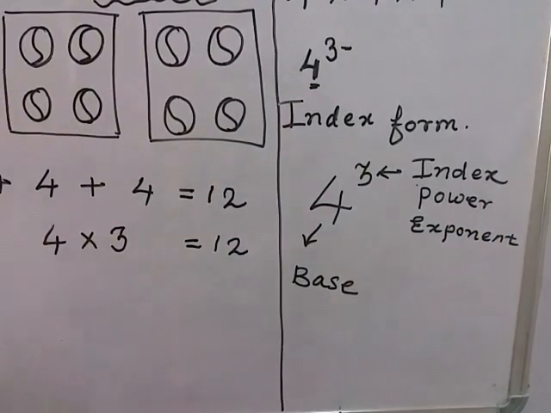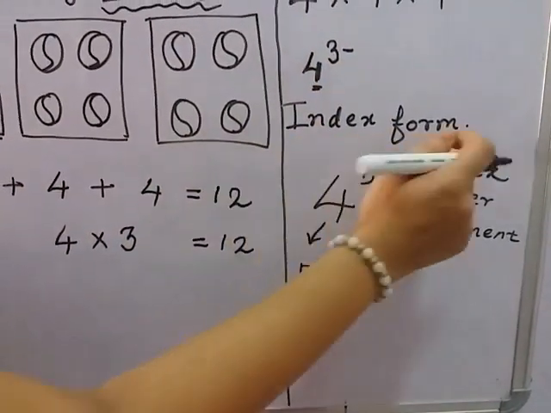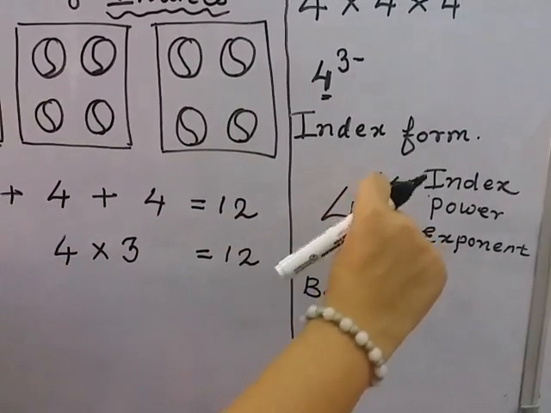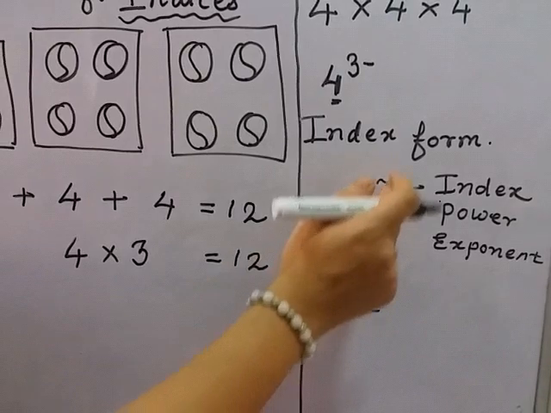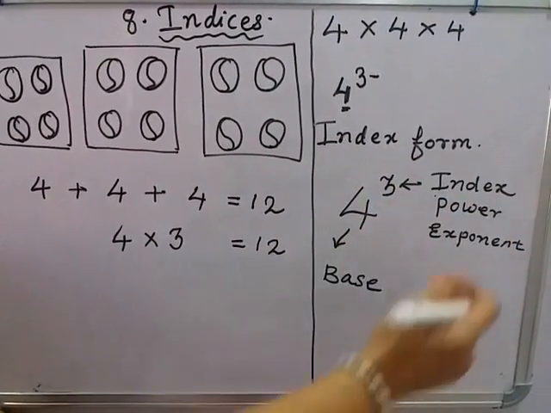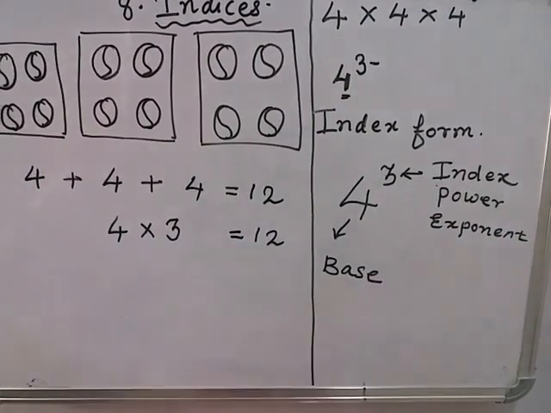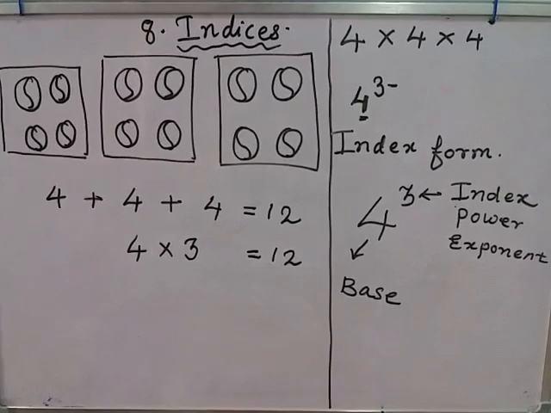I hope you understand till now what I did. Okay, so this is called index form. Index form means the number which we are writing below is called the base, whereas the number which we are writing on top is called the index, or it is also called power, or it is also called exponent. So this is called the index form of multiplication.